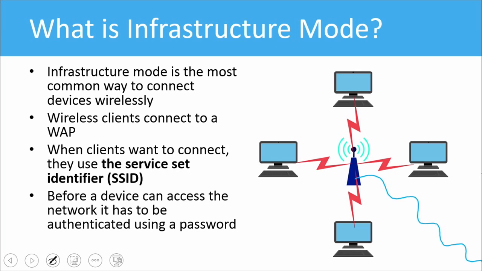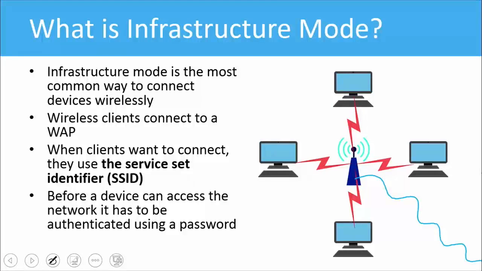When clients want to connect, they use a service set identifier. So if you are connecting to the internet through an internet service provider and you have a home router, you are probably connecting by using a service set identifier, an SSID, right now.